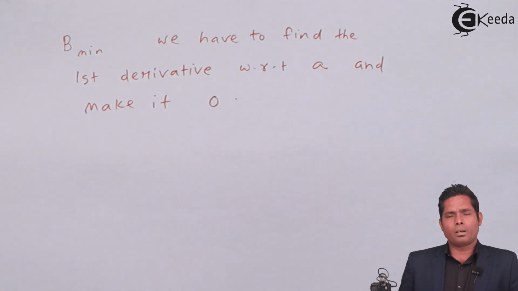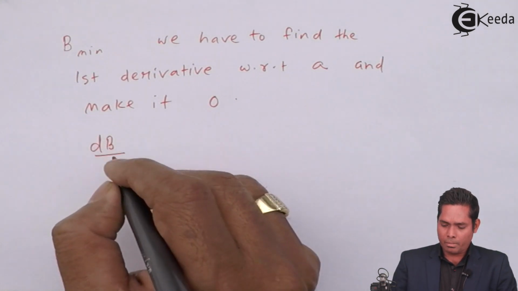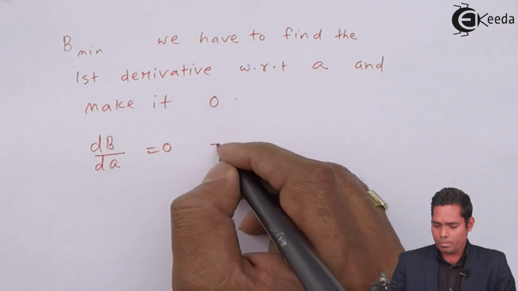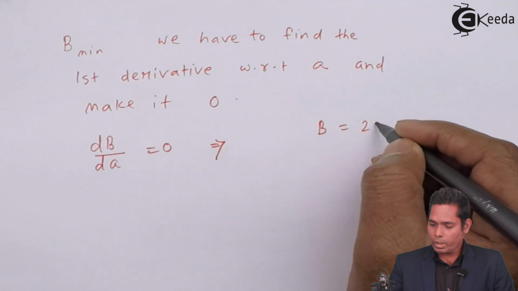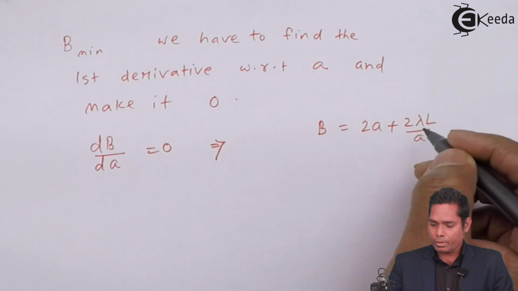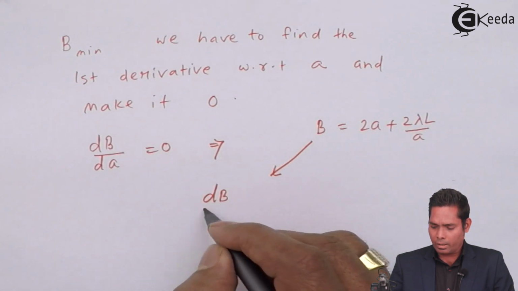For maxima or minima, the first derivative should be 0. So dB divided by dA should be 0. This implies the equation that we have, B is equal to 2A plus 2 lambda L by A. We have to differentiate this equation. dB over dA.